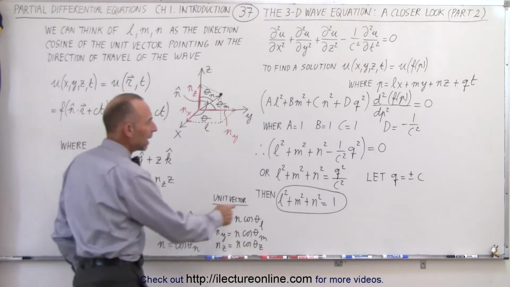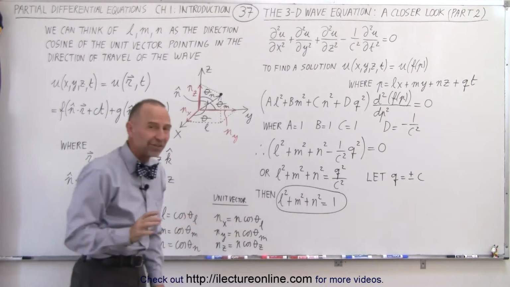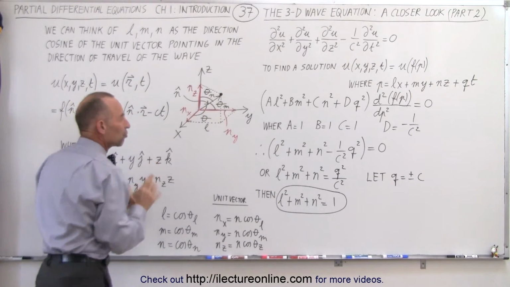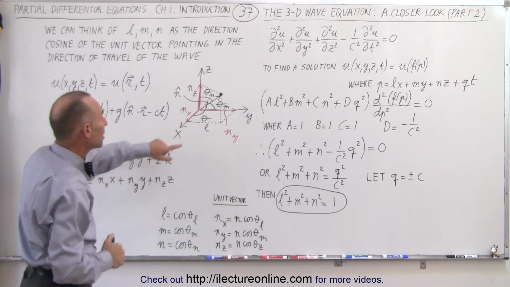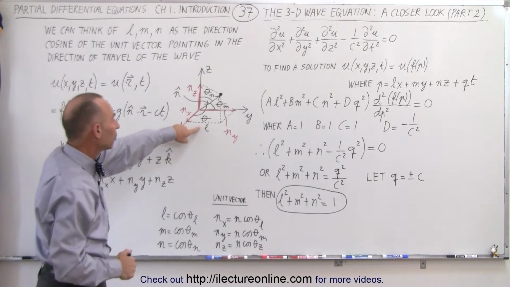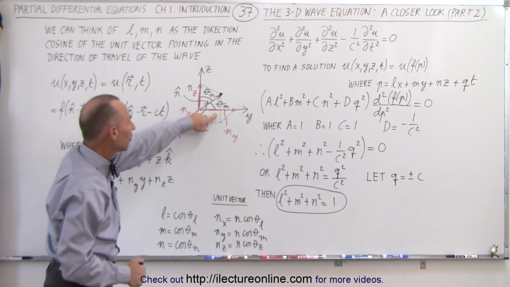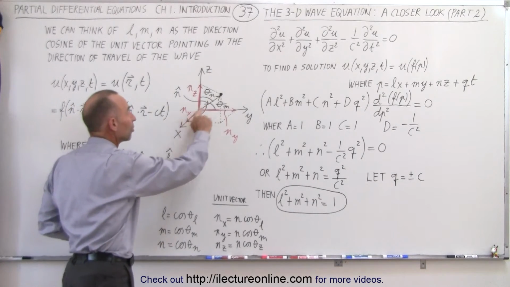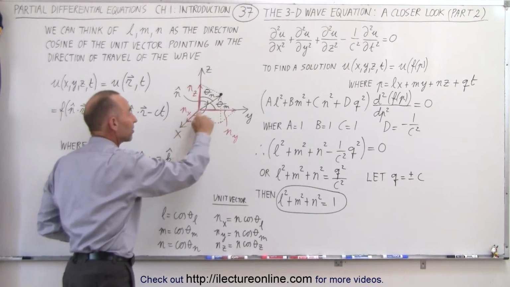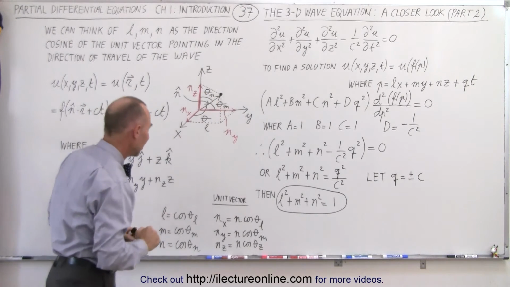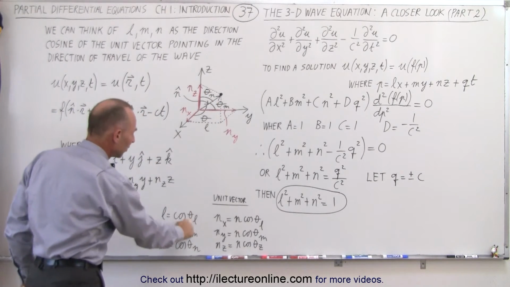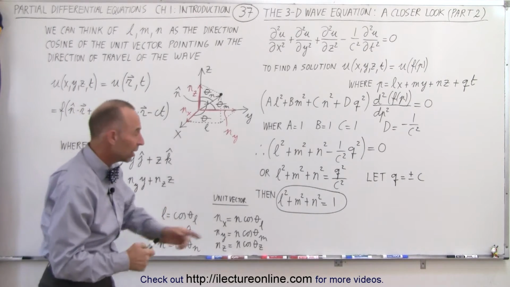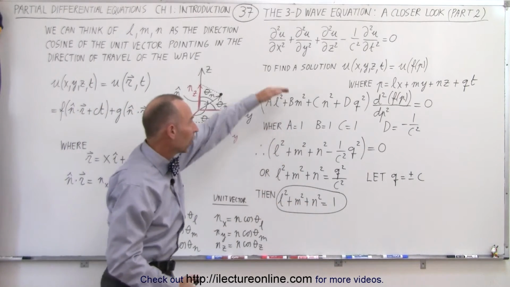Notice that L, M, and N can also be thought of as the direction cosines of the unit vector pointing in the direction of the travel of the wave. If we define angles theta sub L, theta sub M, and theta sub N as the angles between the unit vector and the x-axis, the y-axis, and the z-axis, and take the cosine of each of these three angles, we get L, M, and N, the constants associated with our solution.